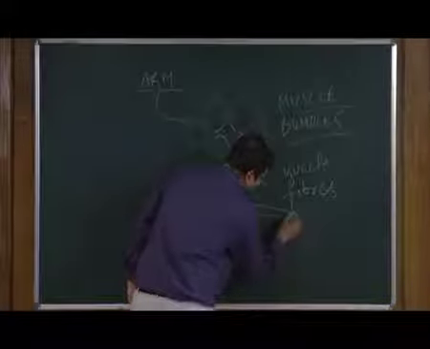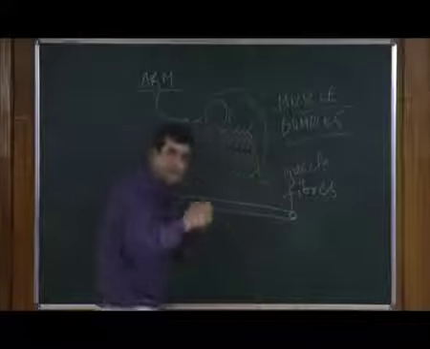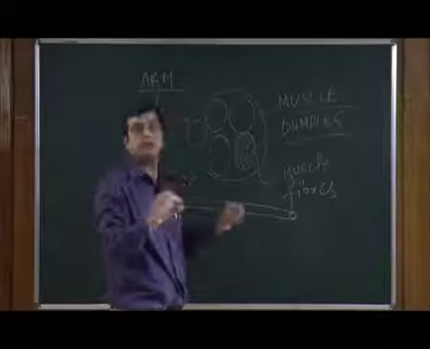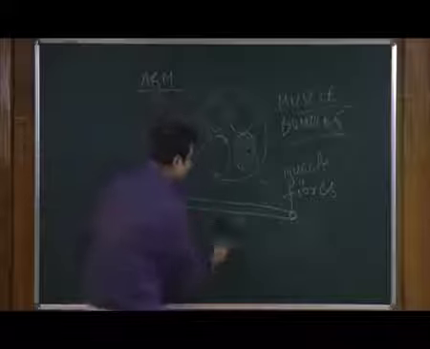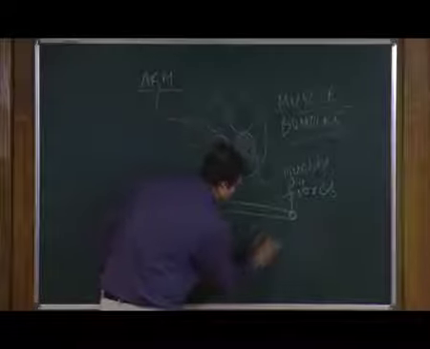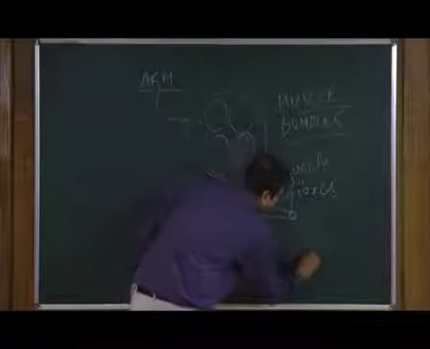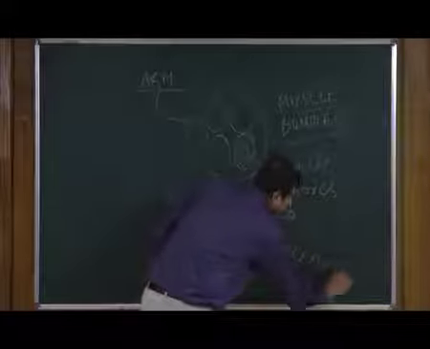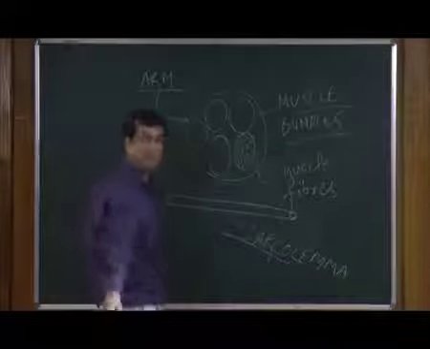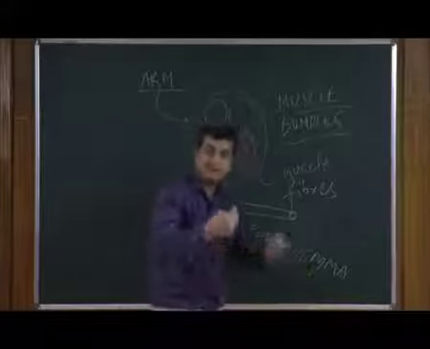The outer covering of this muscle fiber is basically a plasma membrane. The structure is very similar to a plasma membrane. So, this is called the sarcolemma. Sarco means anything related to muscle, and lemma is like plasma lemma.